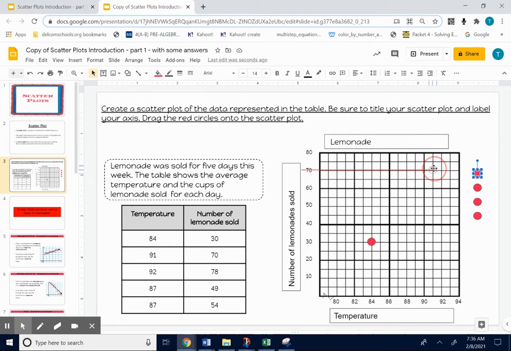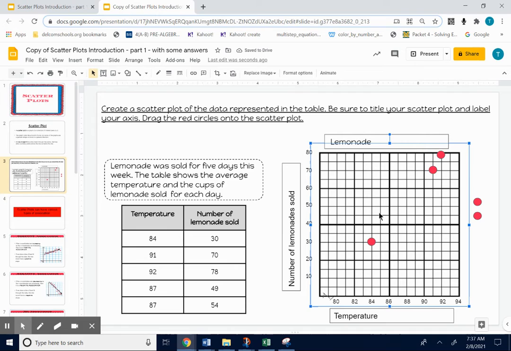It's hotter, so more lemonades were sold that day. When it was 92, we sold 78 lemonades. 92 degrees on the x-axis, 78 on the y. That'd be about there, a little bit below 80.